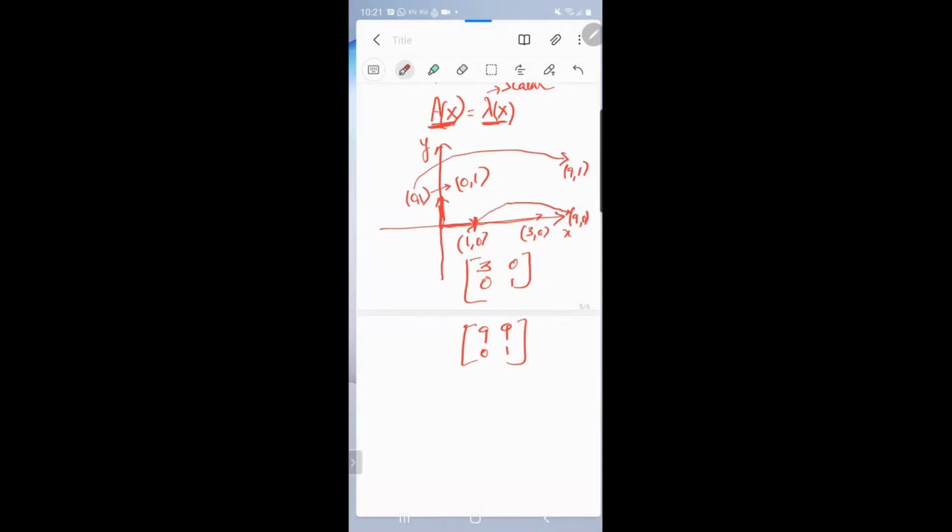Okay, so that's another transformation. Anyone else want to volunteer and suggest some other transformation? Isn't it (8, 1)? Yeah, you're right, (8, 1). Okay, so (8, 1).